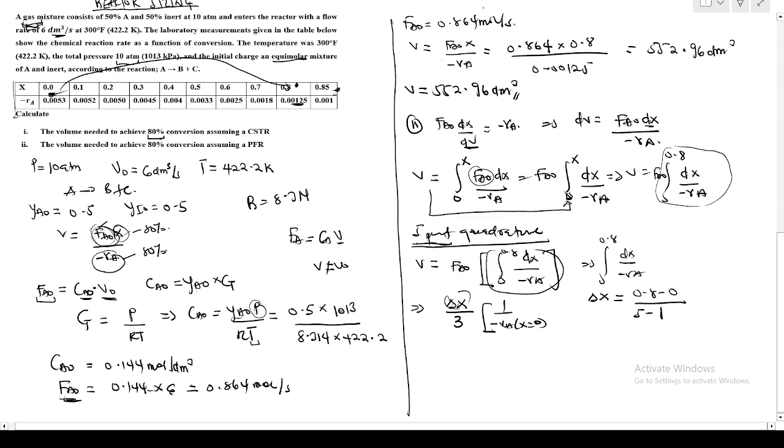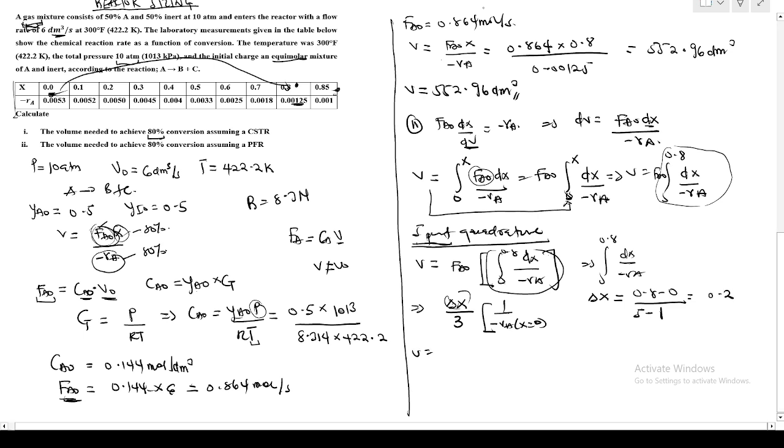Anytime we want to divide a set of data into n number of components, when we want to find the step, we divide by n minus 1. So this gives us 0.8 divided by 4, which is 0.2. So our step is 0.2.